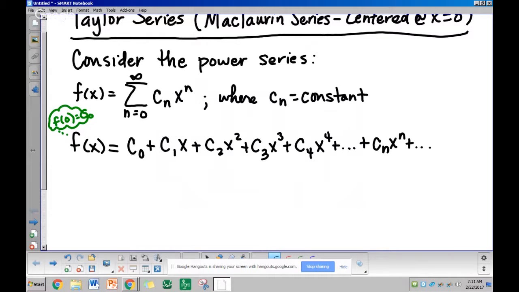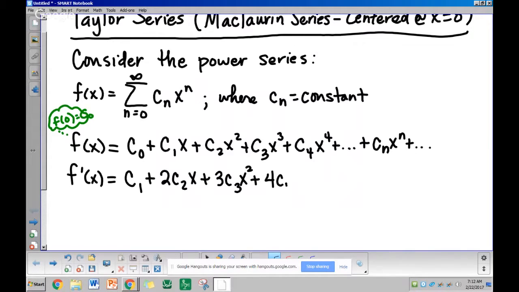Well, in order to do that, you have to take the first derivative. So let's take the first derivative of our function. The derivative of c sub 0 is just 0 because it's a constant. The derivative of c sub 1 x is just c sub 1 plus 2 c sub 2 x plus 3 c sub 3 x squared plus 4 c sub 4 x to the third plus dot dot dot plus, and then the derivative of our nth term, which would be n c sub n x to the n minus 1 plus dot dot dot.